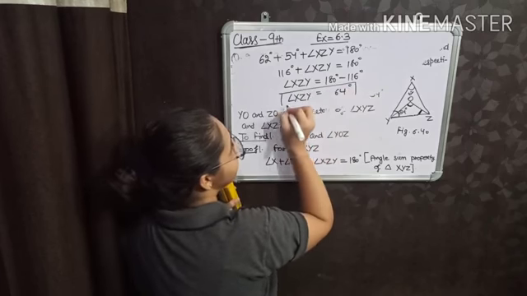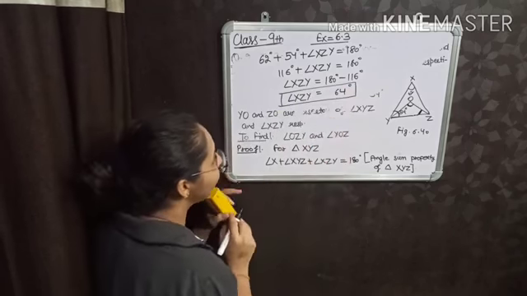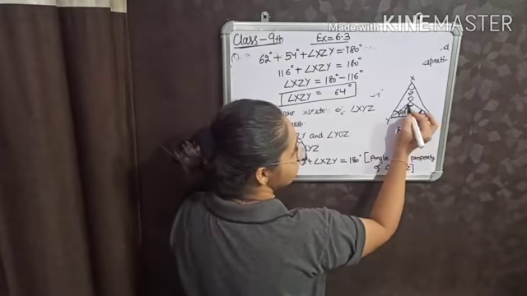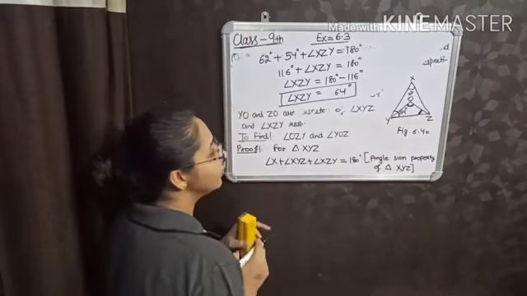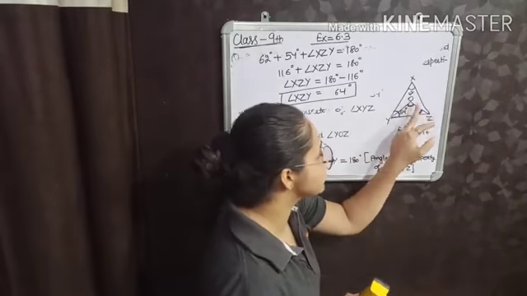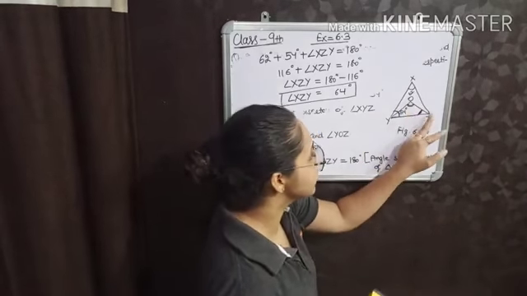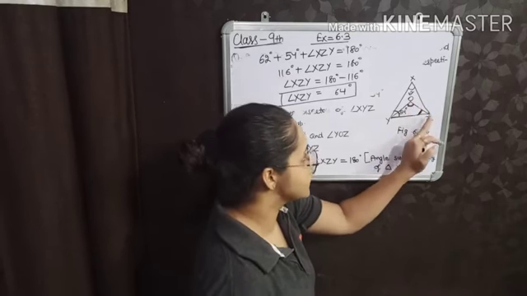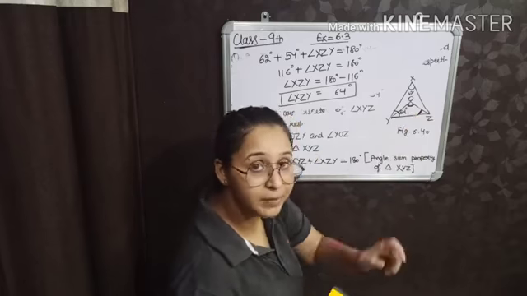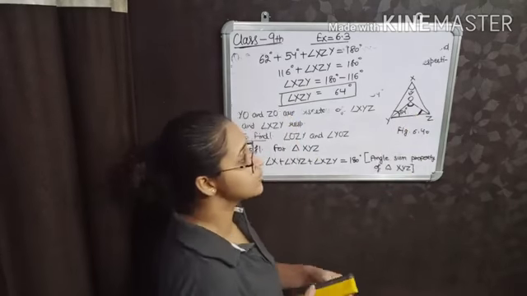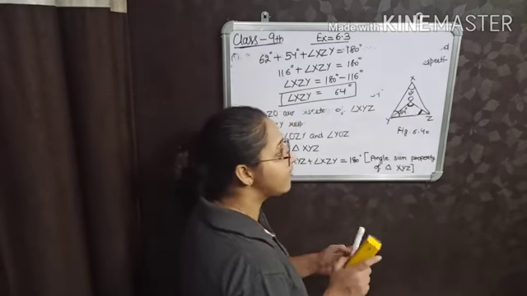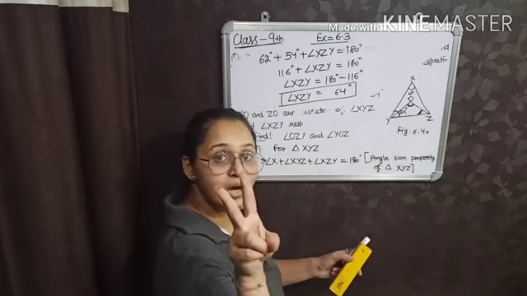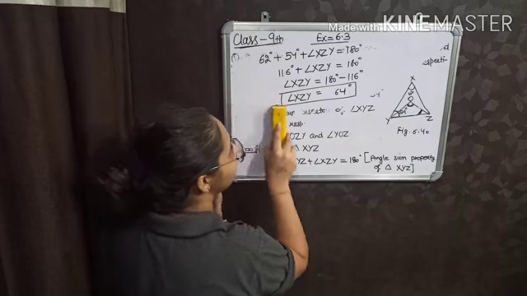But we have to find the two angles, that is angle OZY, this angle and this angle. You have noticed that this OZ is a bisector of this bigger complete angle. It means this OZ will divide this complete angle into two equal parts.